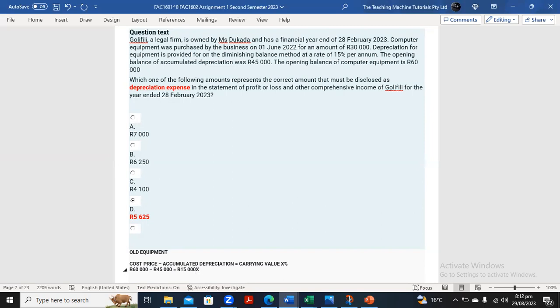You multiply by 15%. How much? 15,000 times 15%: 2,250. That is the old equipment. Now we look at the new equipment.